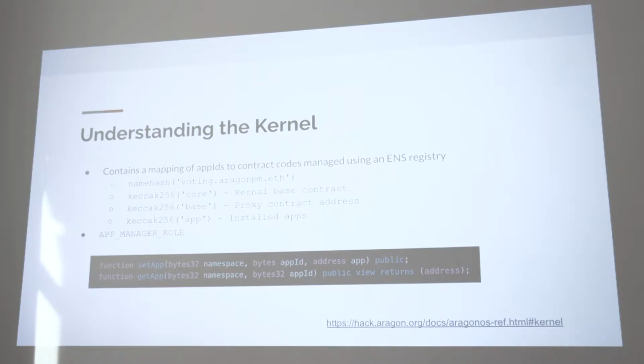For every app, there's a unique hash that gets created. So, as you see here, namehash of voting.aragonpm.eth. When you publish your app, it gets a domain such as this.